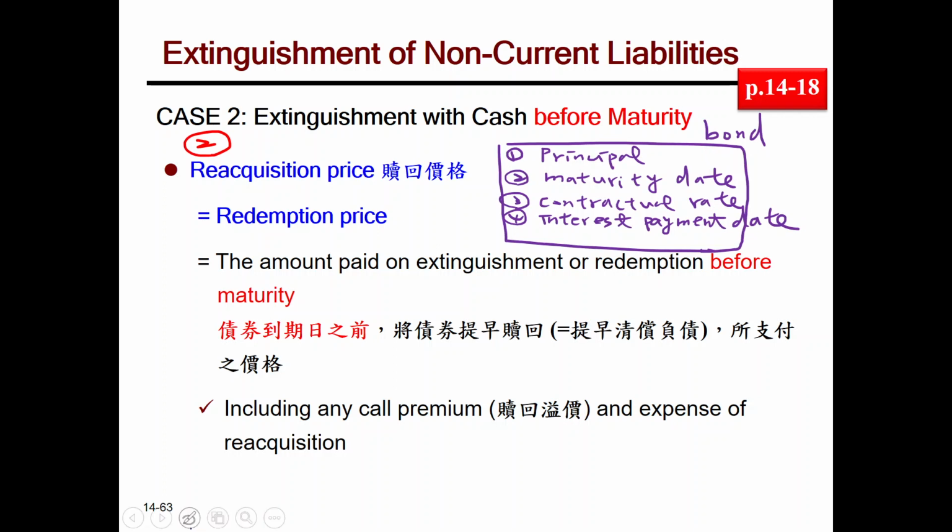Do you remember we have a different kind of bond, right? So you can buy back the bond earlier. What kind of bond is it? Callable bond, right? Callable bond, 可赎回债券, means what? You could buy back your bond earlier, before the maturity date. So actually today we talk about callable bond.